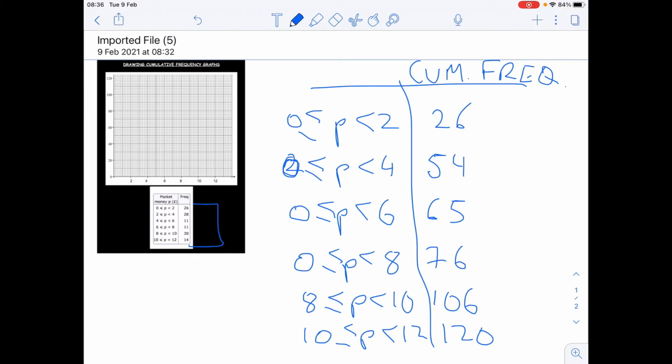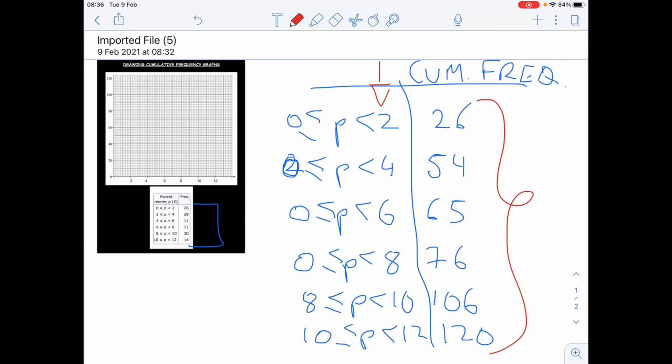So you get your pen, and what we're going to do is plot this data onto the graph. So you're going to plot 1, 2, 3, 4, 6 points, and we're going to plot the points at the maximum value of each category. Okay, not in the middle, not at the beginning, we're going to put it at the end.